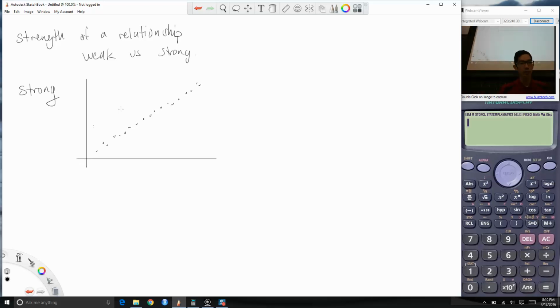You can lay a thin pencil down and cover up all the dots. This is the quote-unquote pencil test.